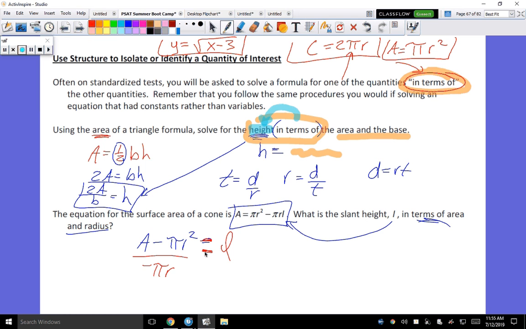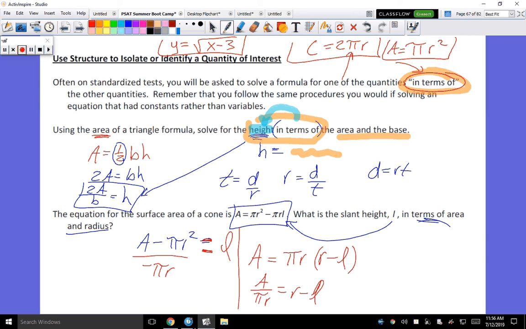Someone might have seen this and said, well, you could also GCF out a pi r. Do you agree with what I just did? All I did was GCF out a pi r. And then if I divide this, what would I do at the end?